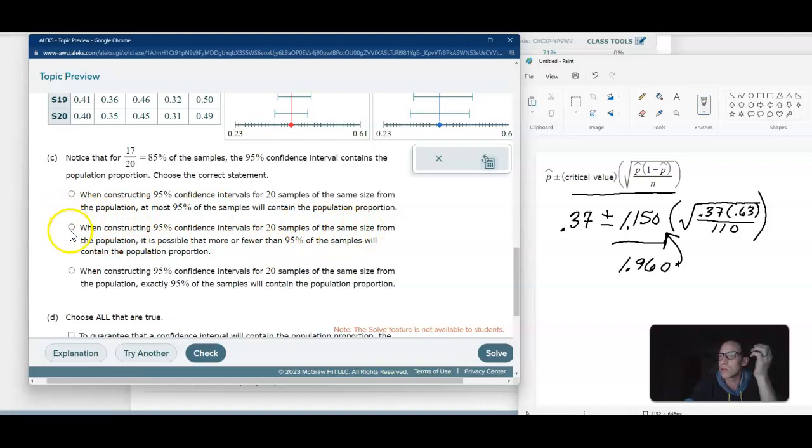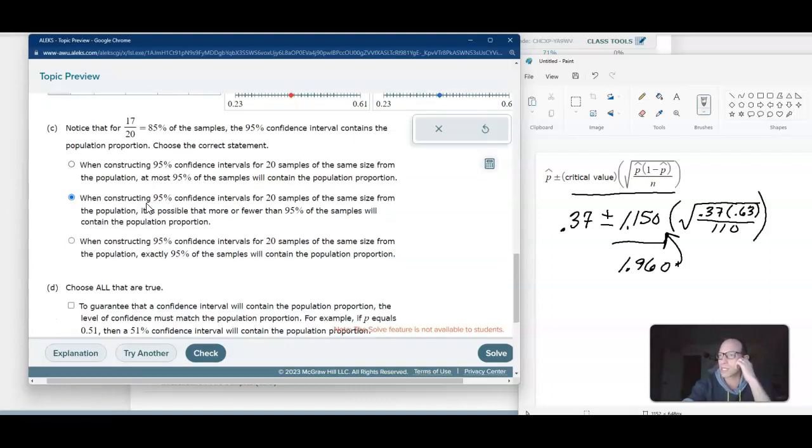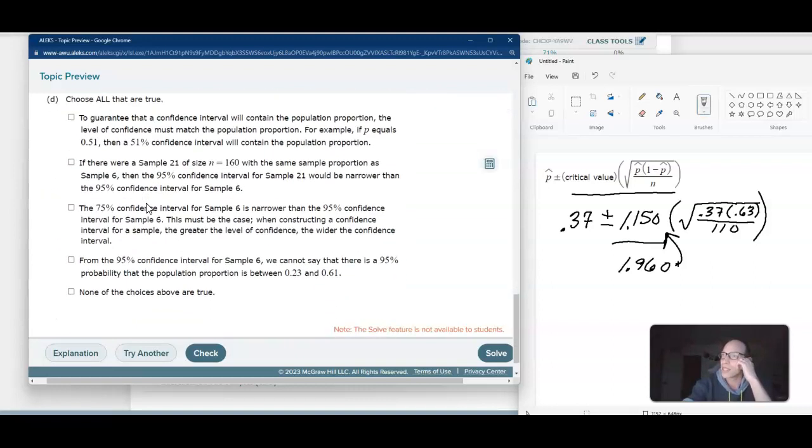It's possible that more or fewer than 95%. So it's going to be about 95% for a 95% confidence interval, but not exactly. So this exactly is wrong, and this at most is wrong. And that's going to be true for this question every time, on the proportion and on the mean. Confidence intervals are always approximately that percent. All right, these are a little trickier.